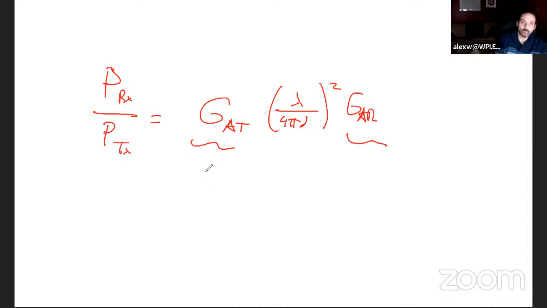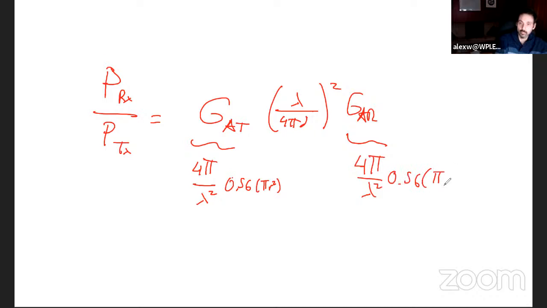These are going to be for a parabolic antenna, pi, and then the effective area is going to be 0.56, and then same thing here. I could choose different dish sizes. So that's what this comes out to.